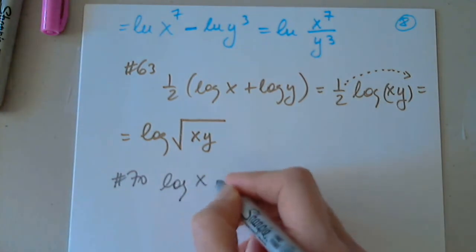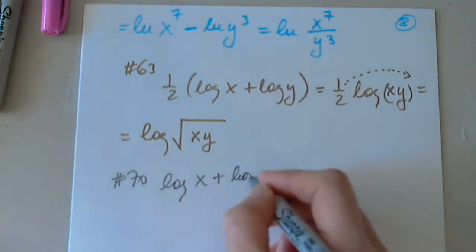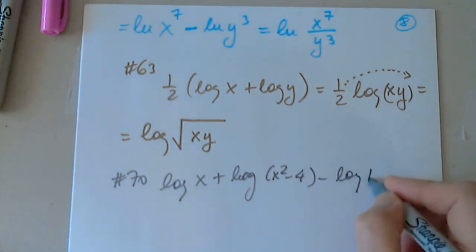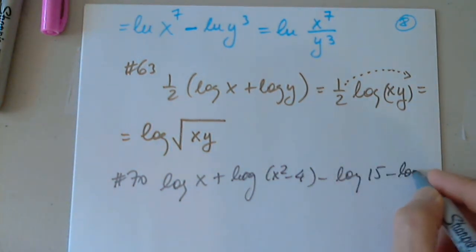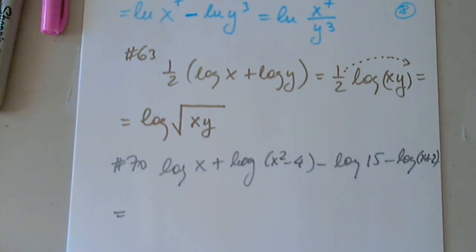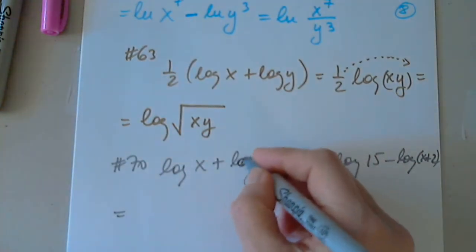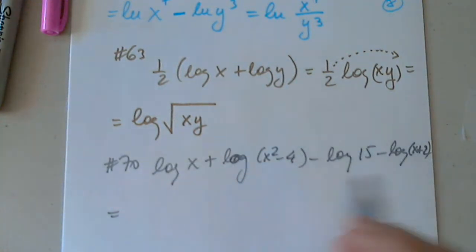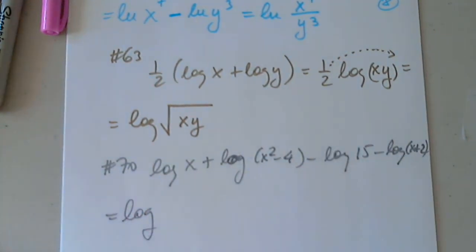So log x plus log x squared minus 4 minus log 15 minus log x plus 2. If you remember what I did in one step, you will tell me how to write this in one step. They all have the same base. In this class, they all have the same base.